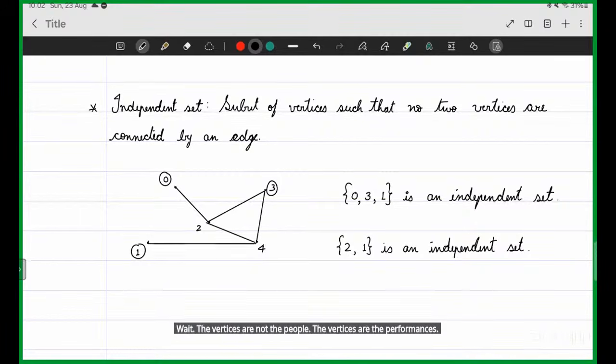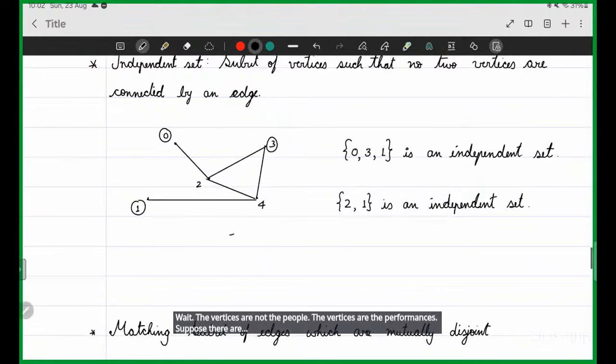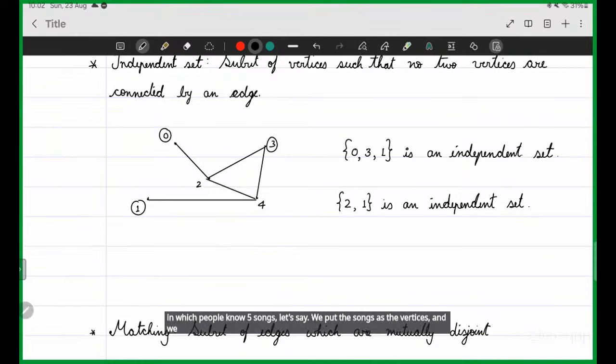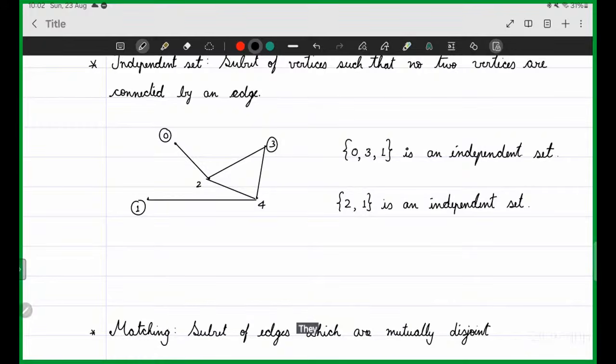Suppose there's a music school in which people know 5 songs. Let's say we put the songs as the vertices, and we put an edge between two songs if they share a performer. When we are organizing a program, we want to give everyone a chance, while making sure one person doesn't come multiple times.